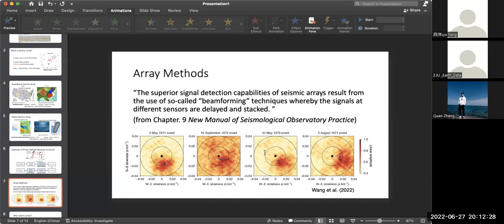And the figure from the paper is obtained by beamforming. You can see the darker the color, the larger the energy. So array method is a very good tool for us to know more about the deep earth.